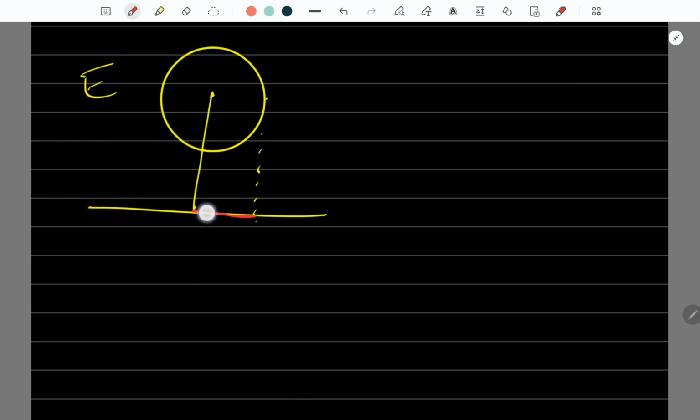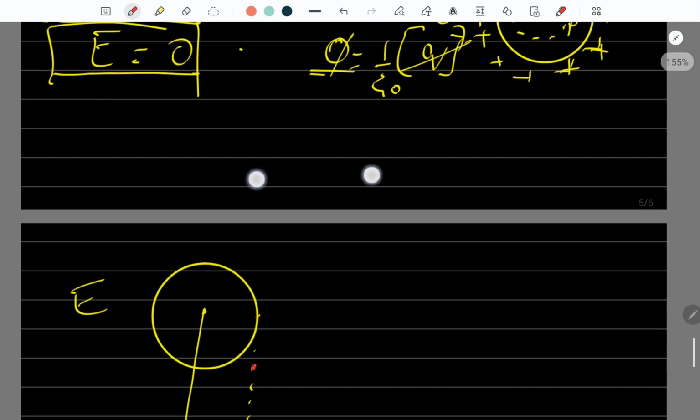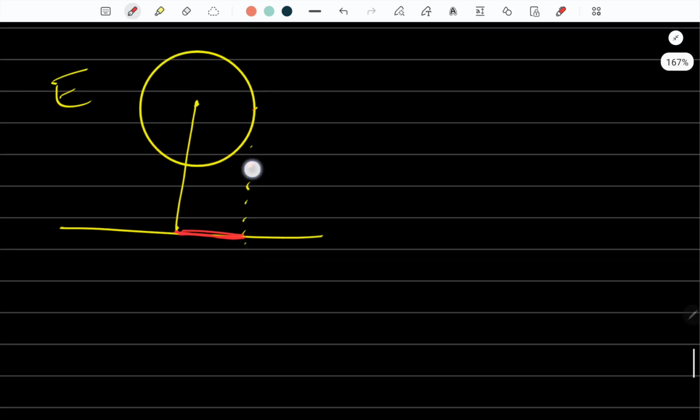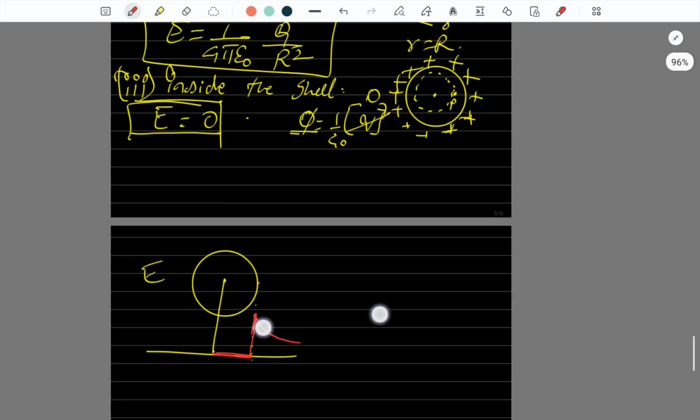From here to here it is 0. After that, on the surface we get 1 by 4 pi epsilon naught q by capital R squared, and after that as small r increases, it decreases, isn't it? So this directly goes like this. So this will be the graph. This red line which I have drawn will be the graph of electric field for a thin hollow spherical shell. I hope this particular topic is clear.